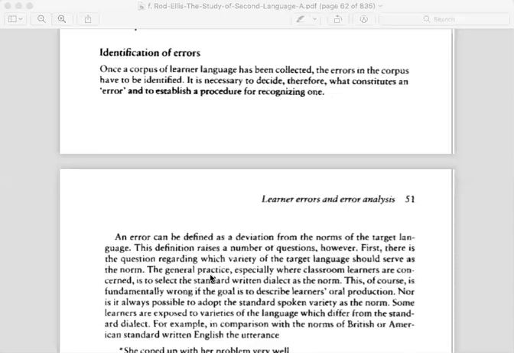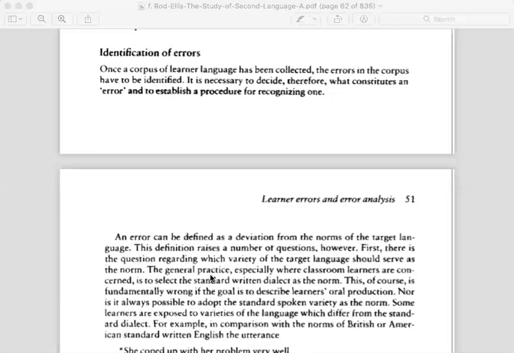But when we say that errors are deviation from the norm, there are certain questions related to what the norm is, okay? What should be followed and what is called a norm.